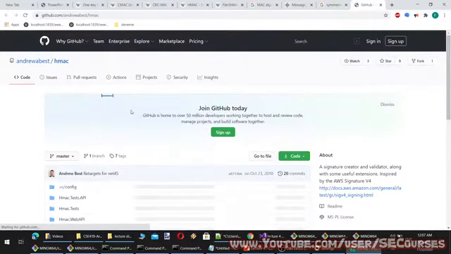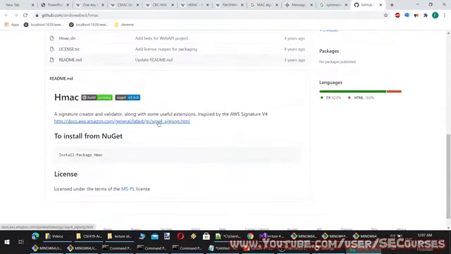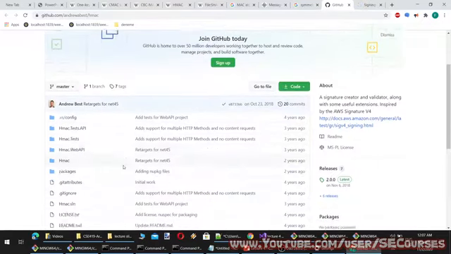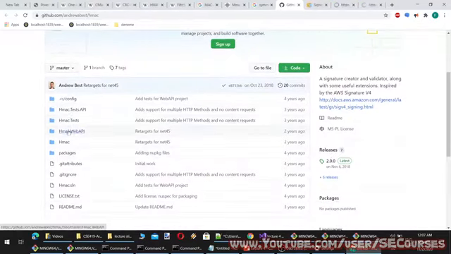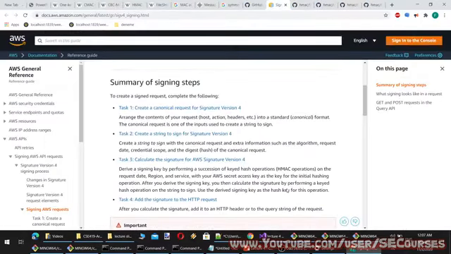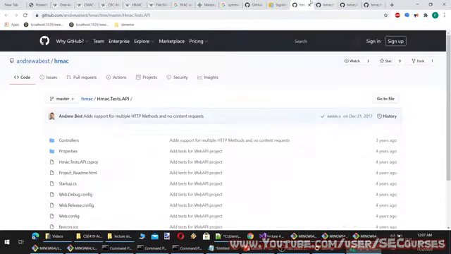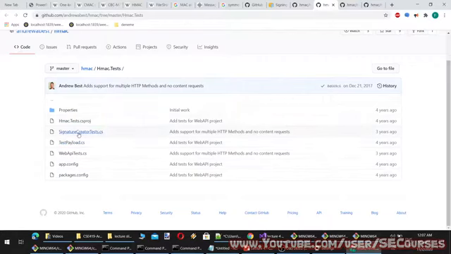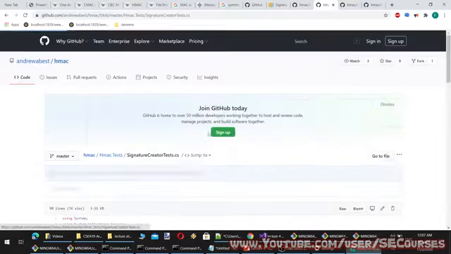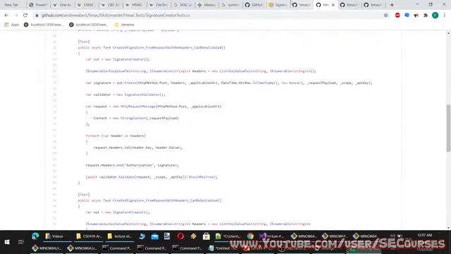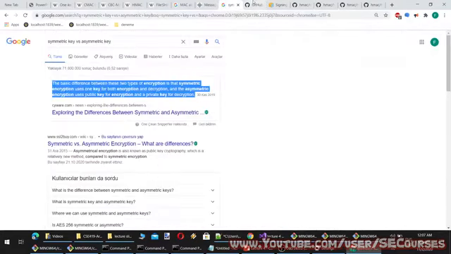Okay, let's open the GitHub repository of the library so we can see some examples perhaps. Okay, there are tests, web API. Okay, this is not what we are looking for.